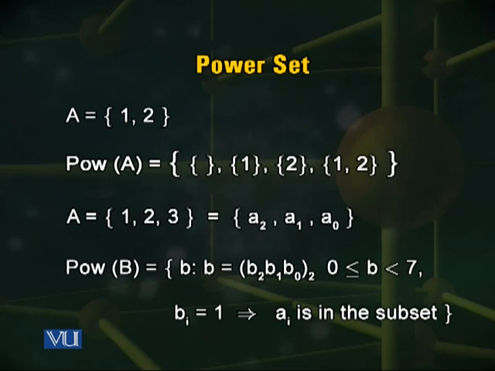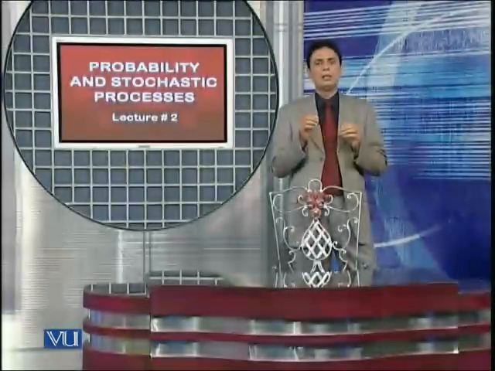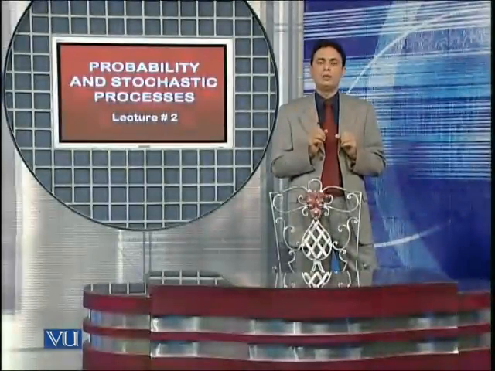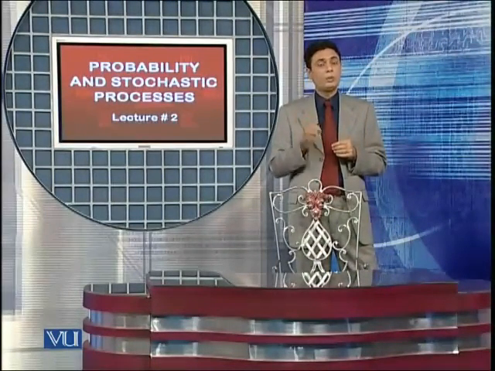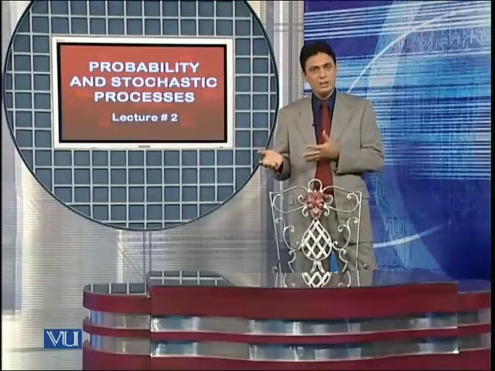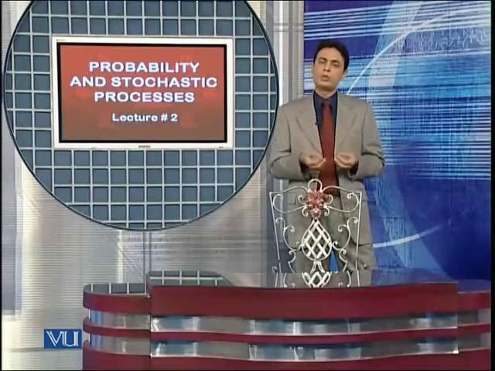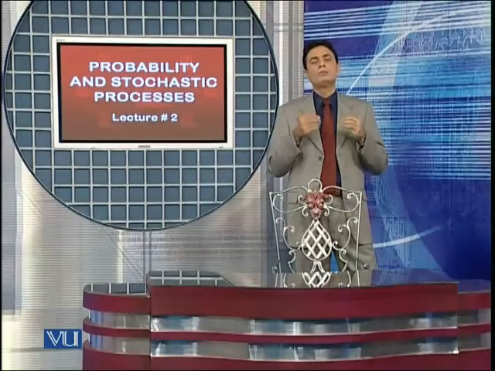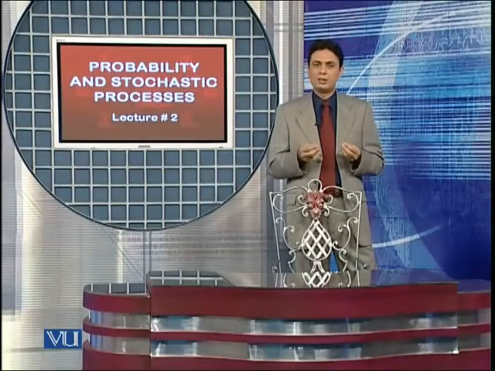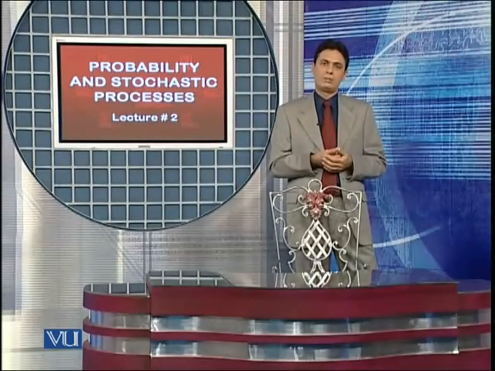So the point is that a set A which has m elements will have a power set which will contain 2 raised to power m elements, and these elements will be possible subsets of the given set A. That is good if the set under consideration is a finite set.